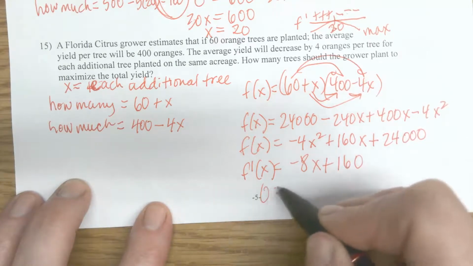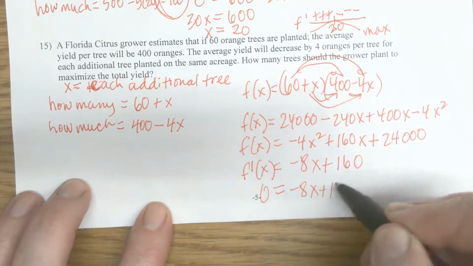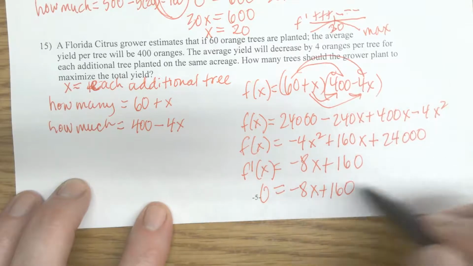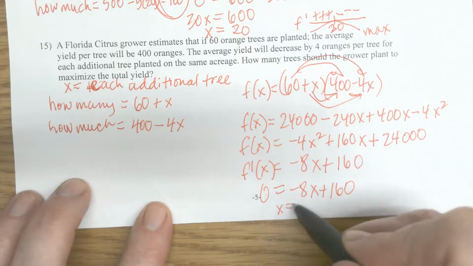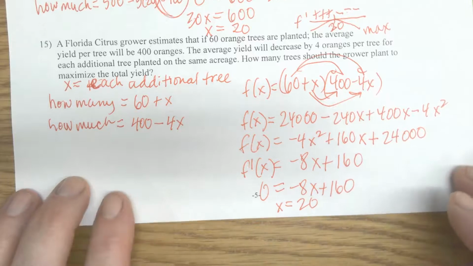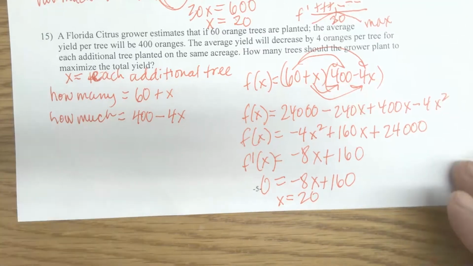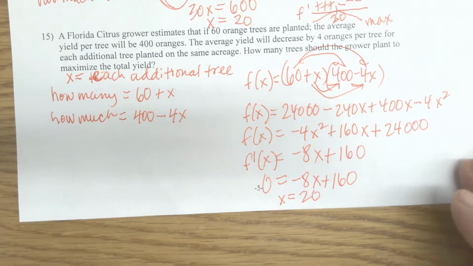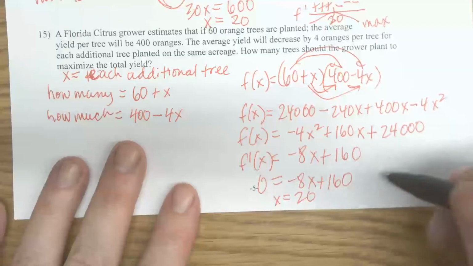Set it equal to 0 and solve. Looks like 20 again, doesn't it? Minus 160 divided by negative 8. So x is 20.